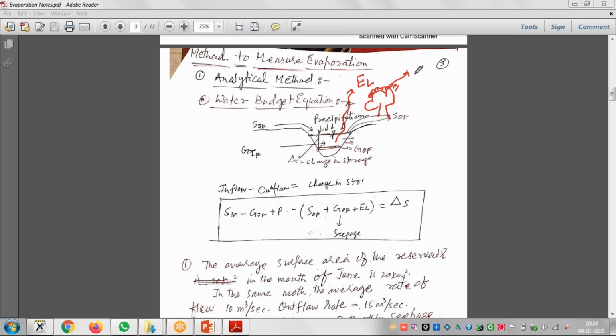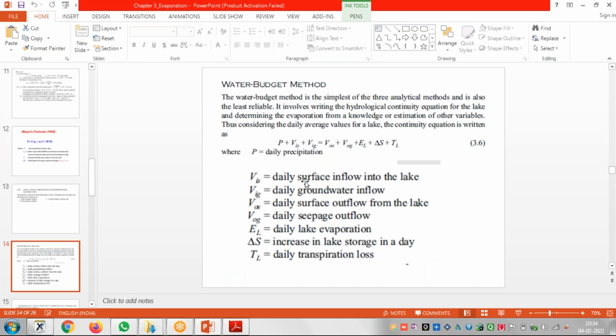So some scientists include that one also. Here this is also included, that is TL. TL means transpiration loss. Some equations include it, and some may not.